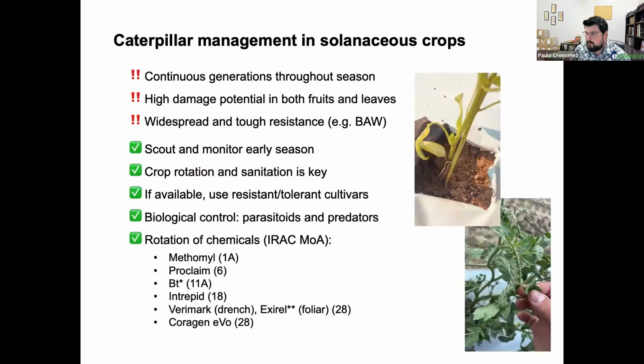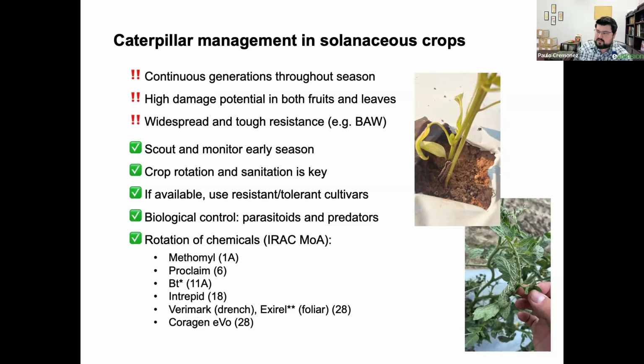So for caterpillar management in the solanaceous crops, some alerts here are that continuous generations happen throughout the season. They have a high damage potential, so even in small populations, they will be voracious in eating both fruits and leaves, and they can be very widespread in terms of resistance, like the beet armyworm situation.